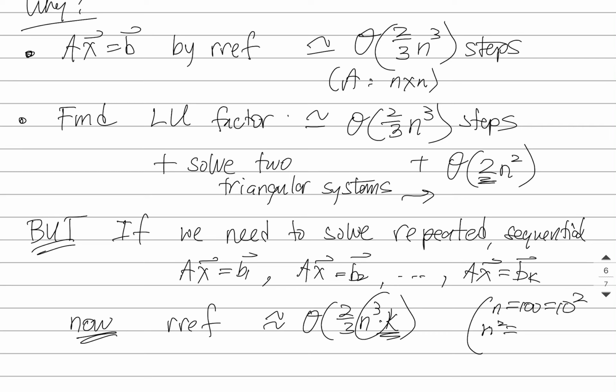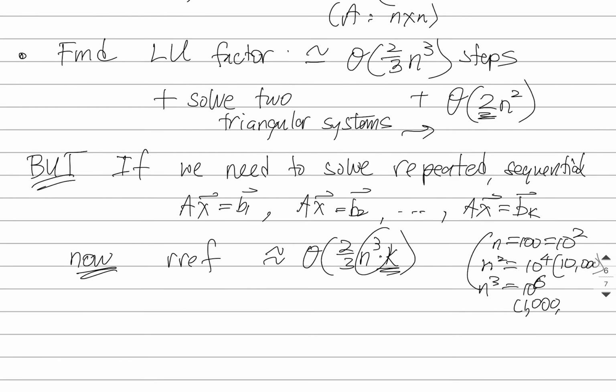N squared would be 10 to the 4, which is 10,000. And n cubed is 10 to the 6, which is 1,000,000. So n cubed is substantially bigger than n squared.